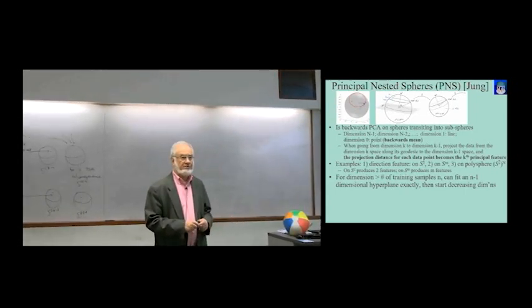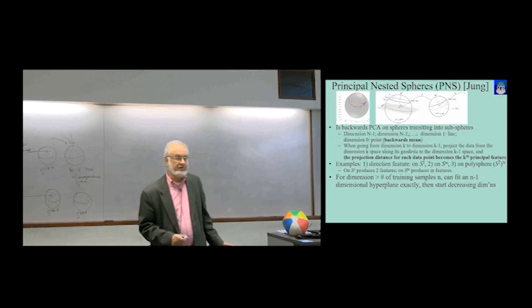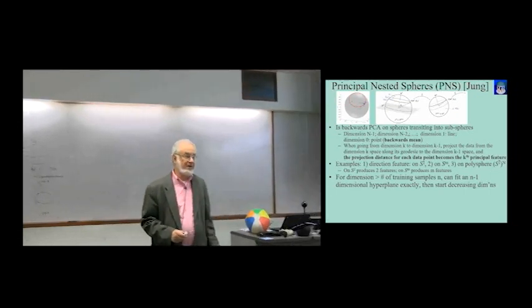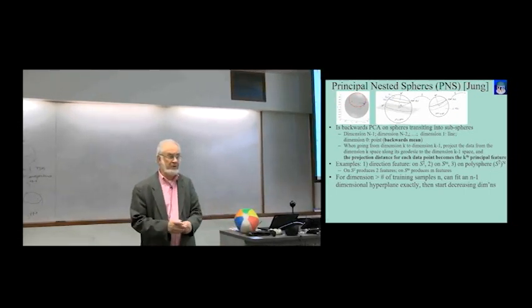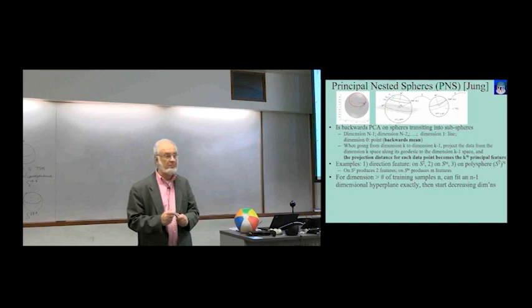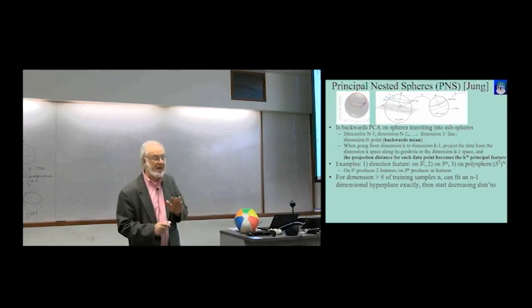And if you only want a few of the features, so you're only going to need the first five PCA components, then it makes sense to go forward. But here, you can't go forward because it doesn't behave right. You have to go backwards.